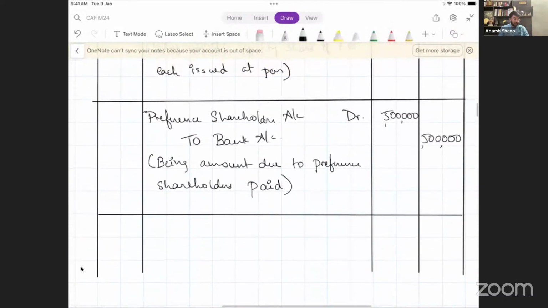Do we have premium on redemption to write off? There's no premium here. So that's all. This is the end of this question. Just 3 entries we had to pass.